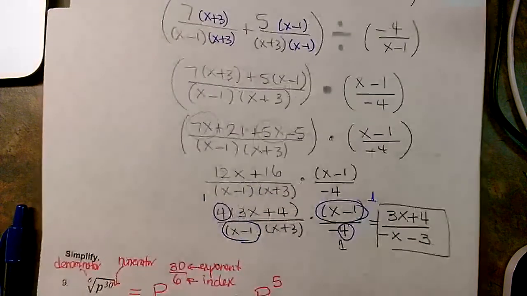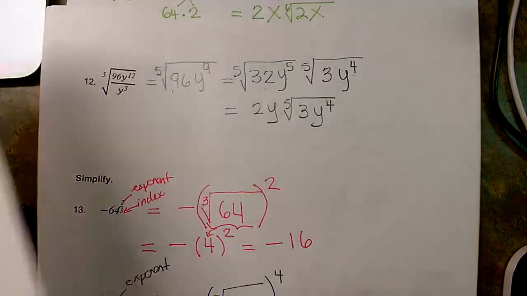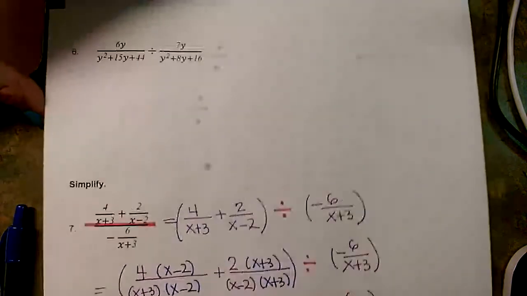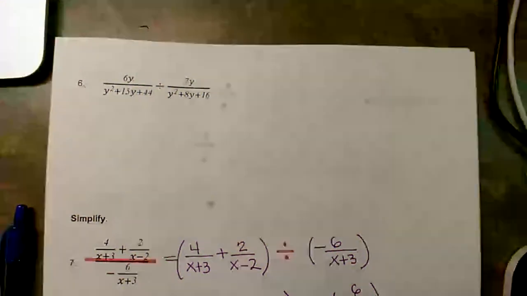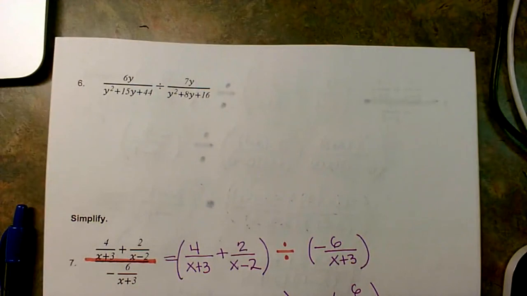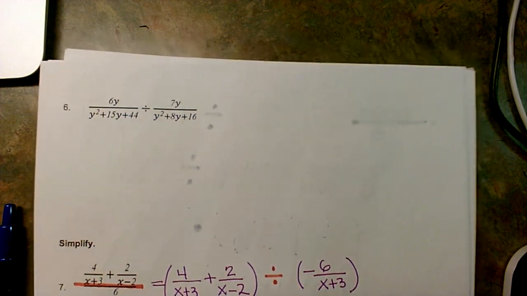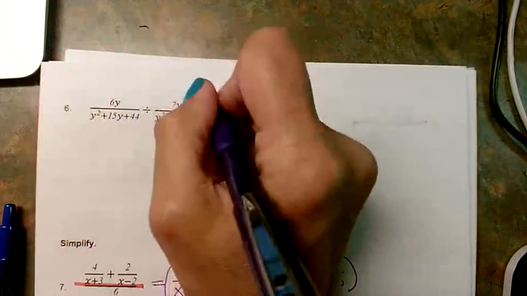Okay. 8, 6. So what we're doing here is we're multiplying.